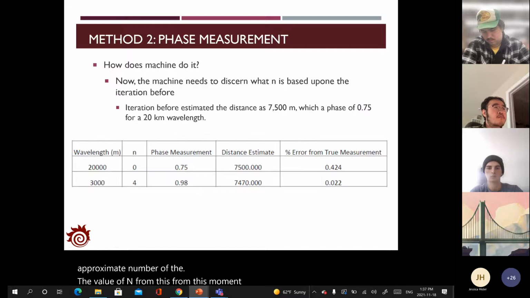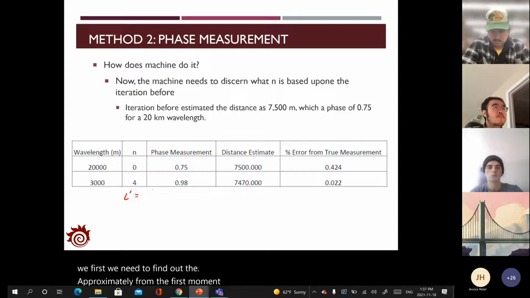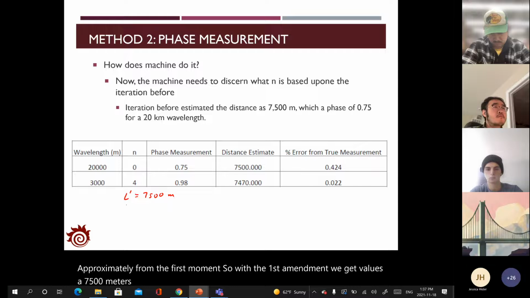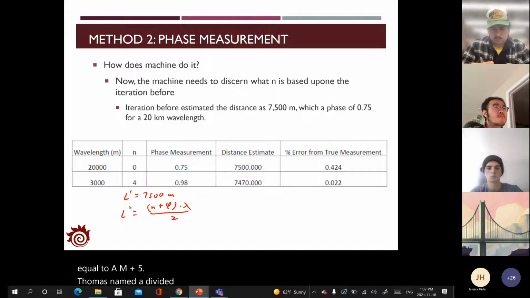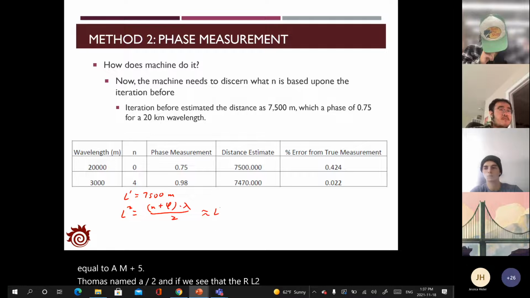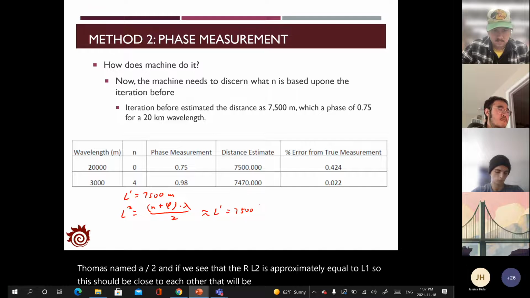What we do is first find the approximate value from the first measurement. With the first measurement, we get 7,500 meters, and in the second iteration, we have L2 equal to (n plus phi) times lambda divided by 2. If we say that L2 is approximately equal to L1, so they should be close to each other, that will be 7,500 meters.